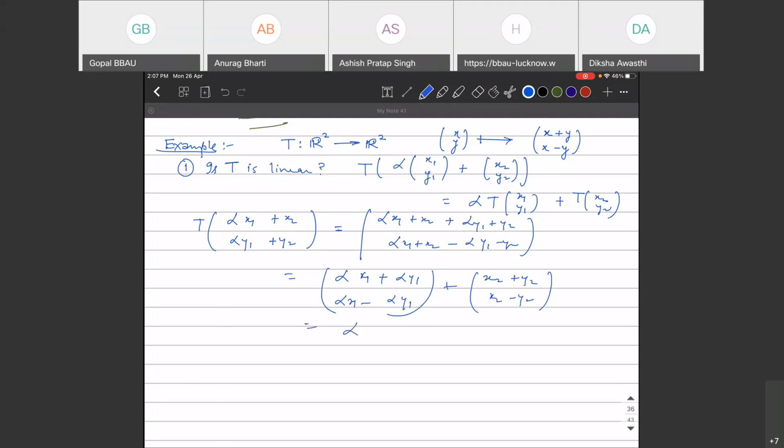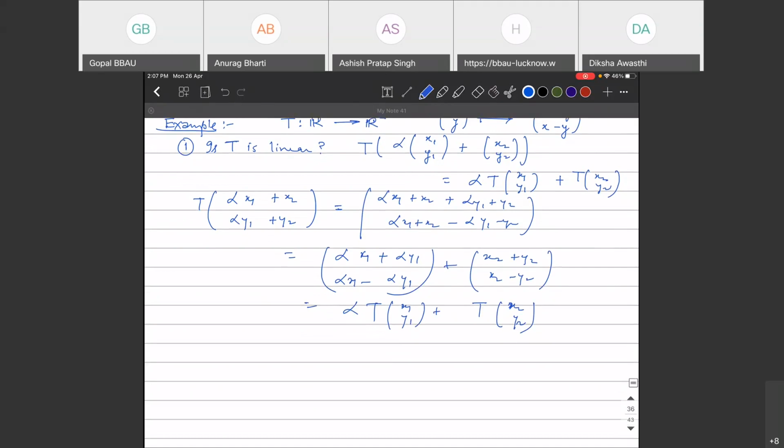This part is alpha of T(x1, y1), and the second part is T(x2, y2). So this means T is linear.